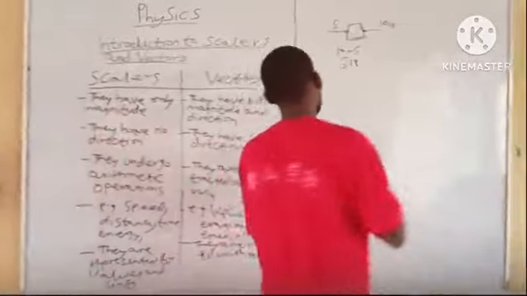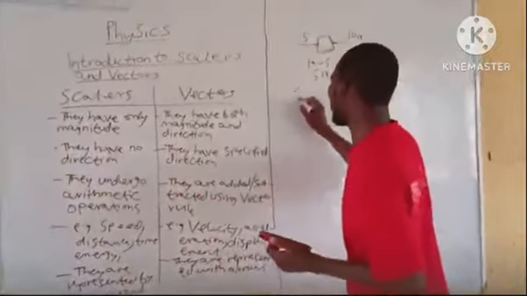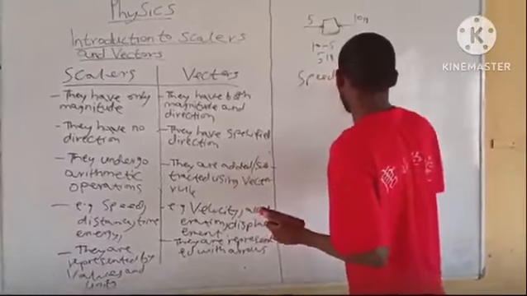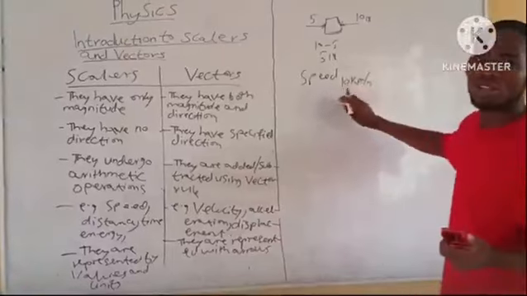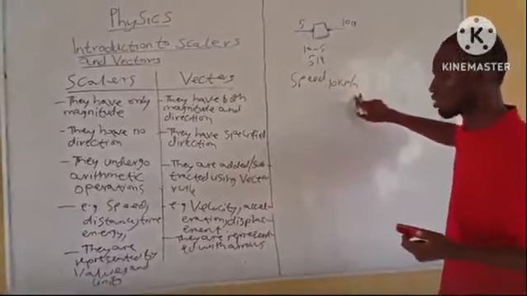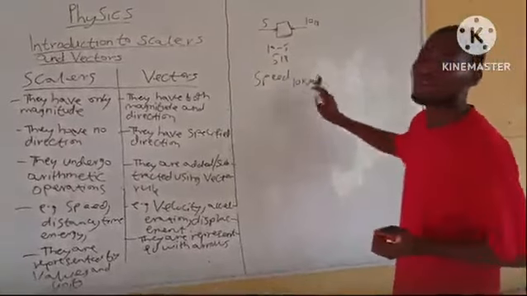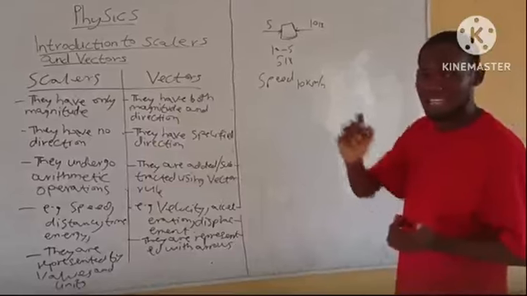For example, you have a speed of 10 km per hour. 10 is a what? Value. km per hour is what? The unit. So scalar quantities are represented by only values and units, while vector quantities are represented by arrows.